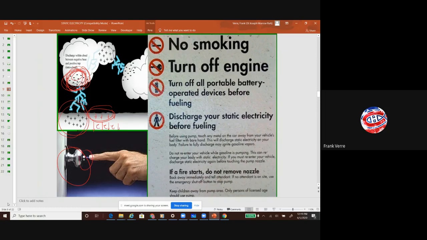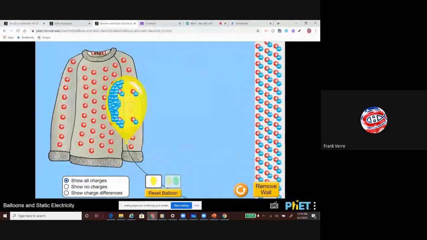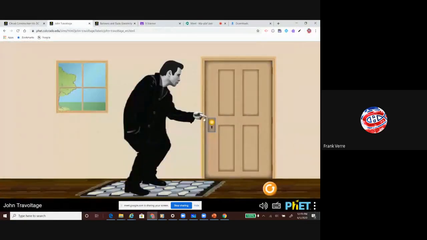So in that animation with John Travoltage, as his hand is approaching, the surface of the doorknob becomes positively charged.